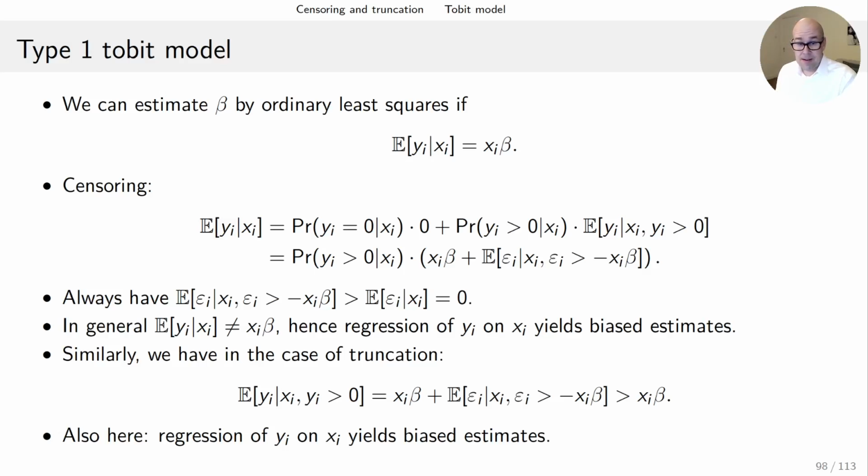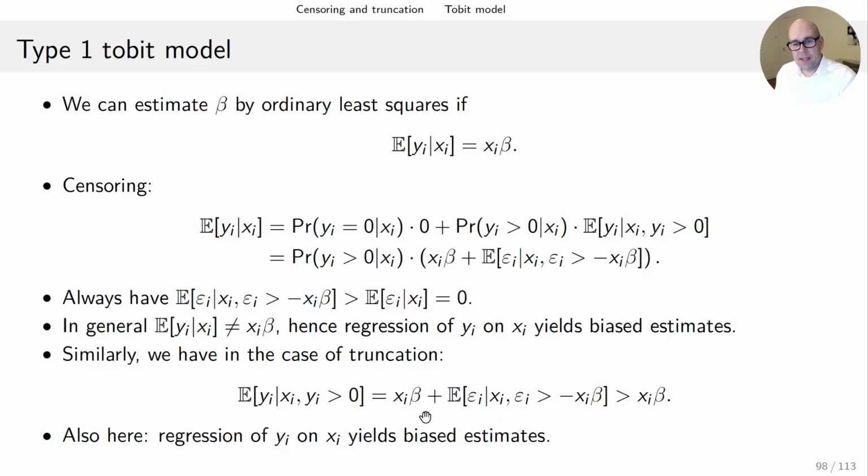And a similar thing holds for truncation. In the case of truncation, what we do have is that the expectation of y given x, and given that y is positive, is also equal to x beta plus the expectation of epsilon given x, and given that epsilon is exceeding minus xi beta.